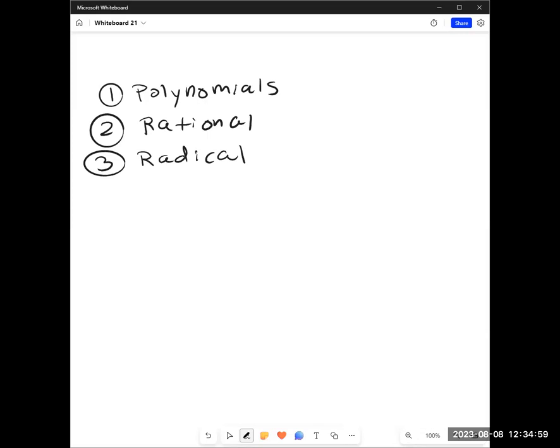And I've got examples for the first two here, and I'll come up with an example for the third one in a second. So let me clear this.